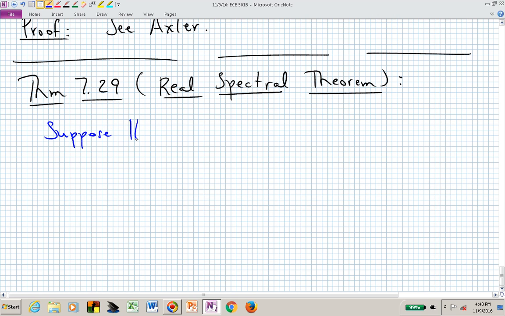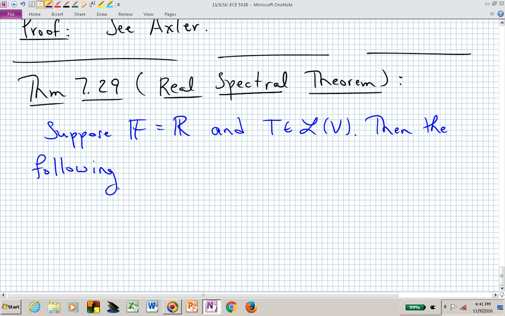Suppose our field F is real, and we have an operator on that real vector space, a real inner product space. Then the following statements, just like in the complex spectral theorem, we're going to state the equivalence of three statements.